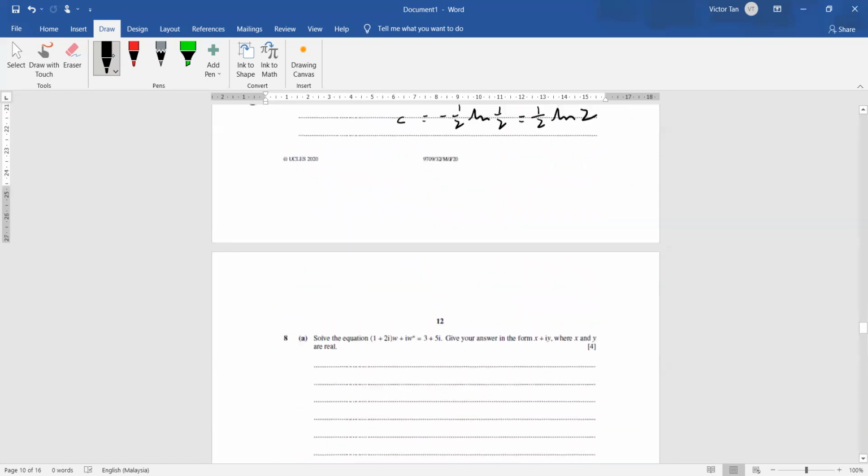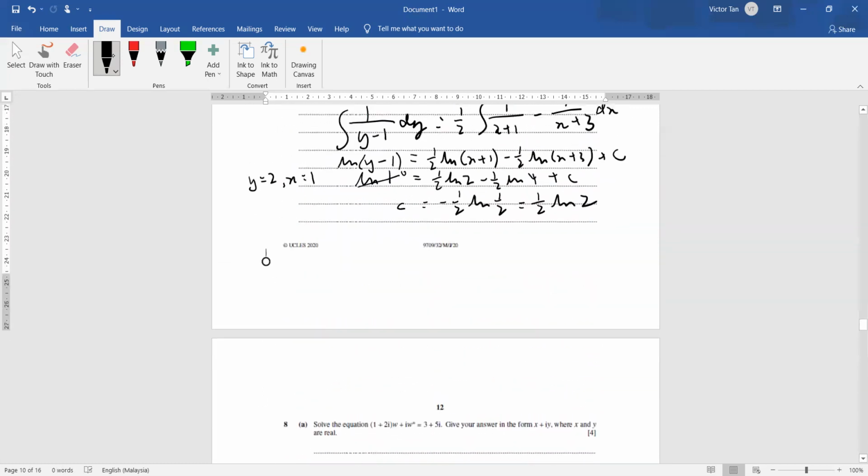So you want y in terms of x. Okay, so ln of y minus 1. I'm going to put everything together because everything has a half. Half ln 2 times x plus 1 over x plus 3.